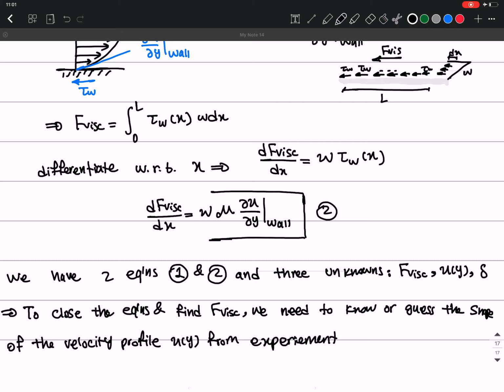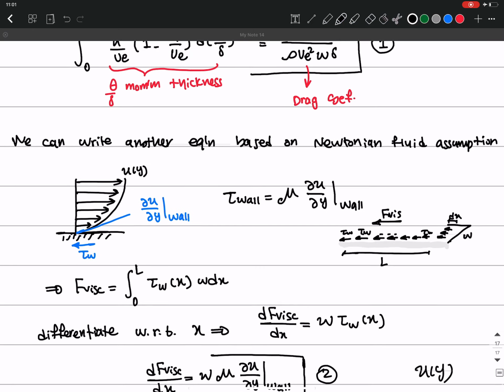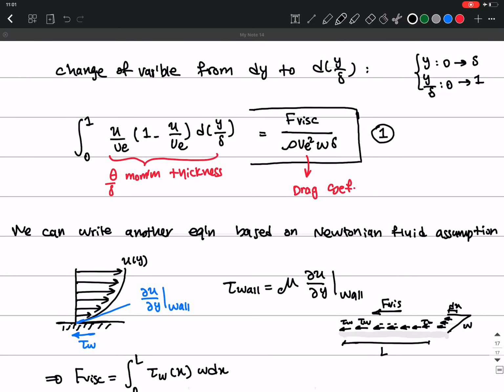So this is how we typically close these equations. We typically guess or fit something from experiments to find a relation for Uy. Okay. And then once you have that, you can close this set of equations, relation 1 and relation 2.